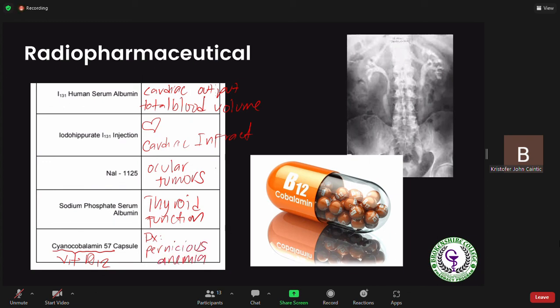So again, these are all the different radioactive agents that are useful in the treatment and diagnosis of our different diseases.